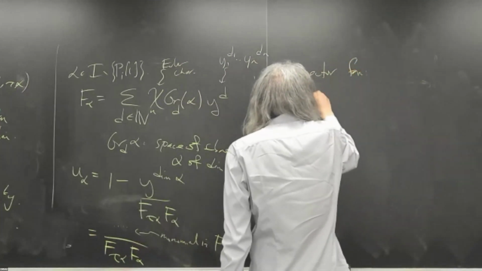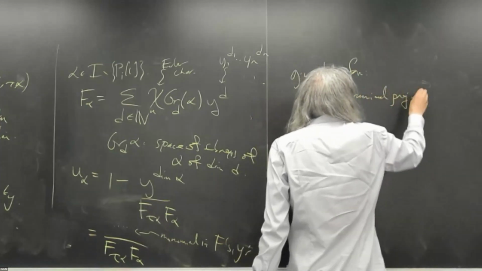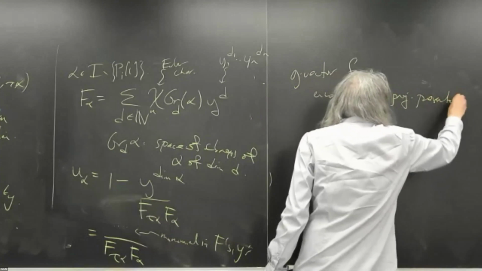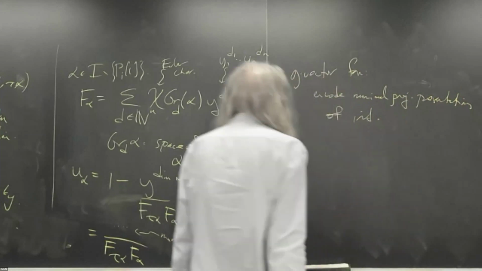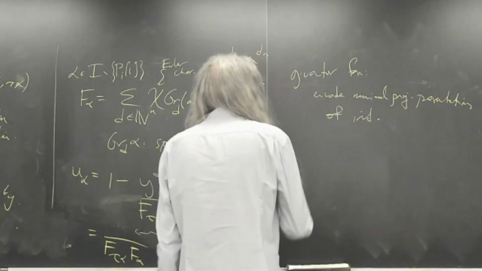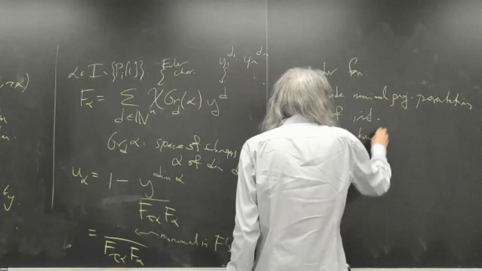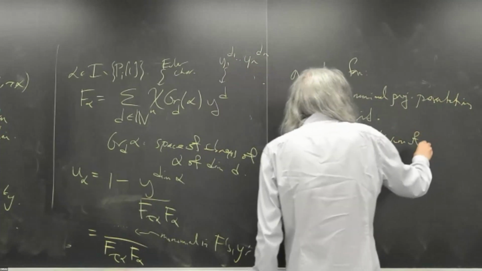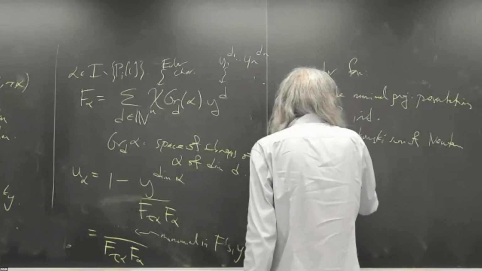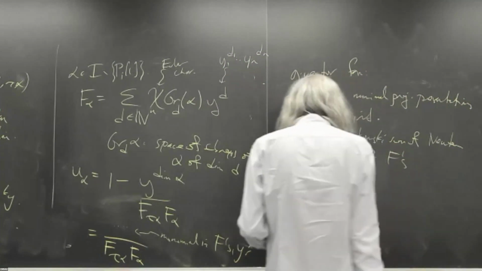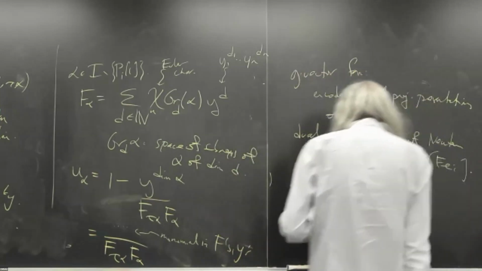The G-vectors encode minimal projective presentations of the indecomposable representations, and this fan is dual to a Minkowski sum of the Newton polytopes of the F's. This is by a result of Jarry Fay.